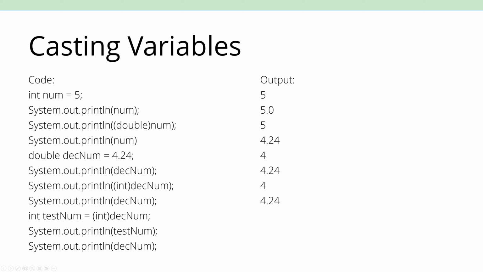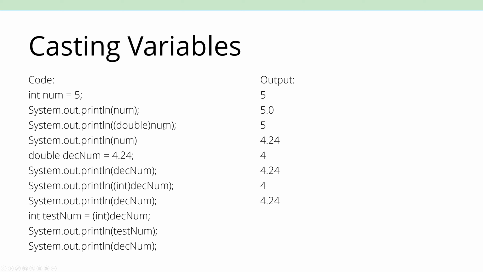When I cast it on this line of code, I'm temporarily changing it. I'm saying, hey, I want you to treat the value inside of num as a double temporarily. But on the next line of code, num is still an int type. The type of variable hasn't changed. Num itself is still int type.